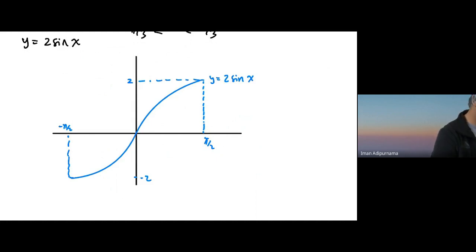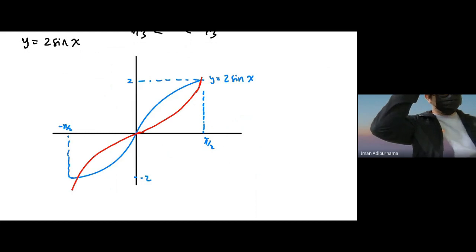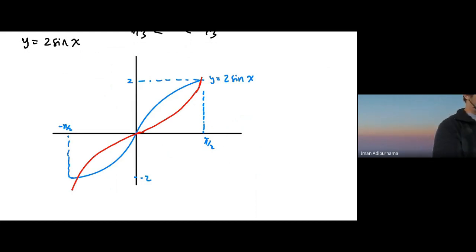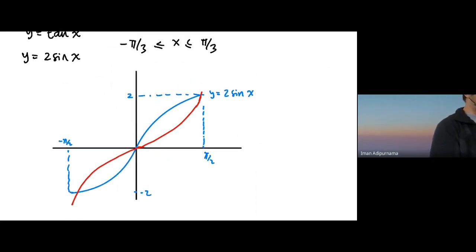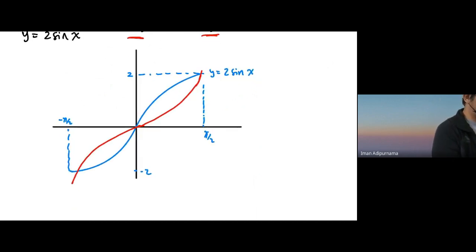So let me just draw like this. Yeah, more or less like that. And of course, I think you can also check that this is obvious that at this interval, negative pi over 3 and pi over 3, the curve is having an intersection.